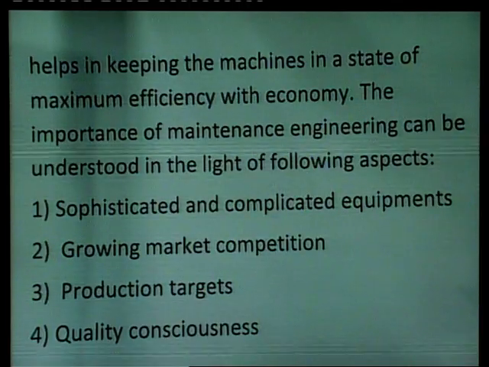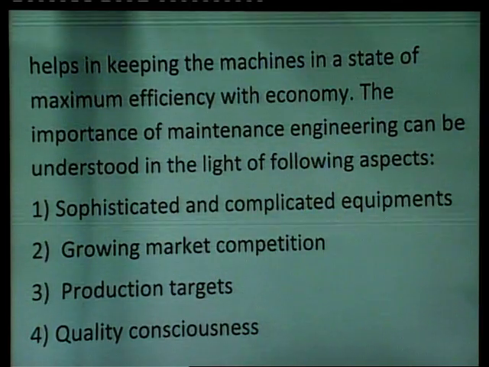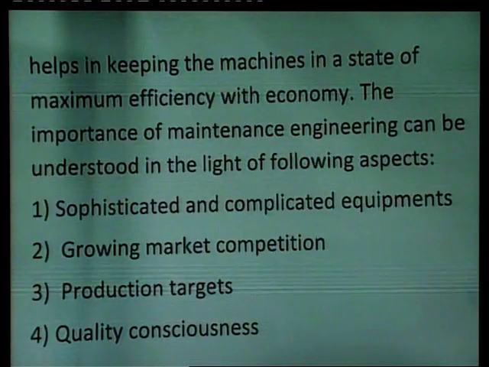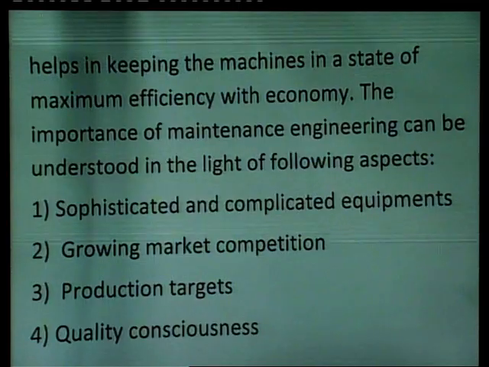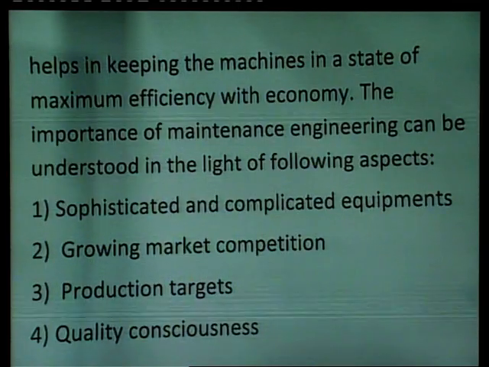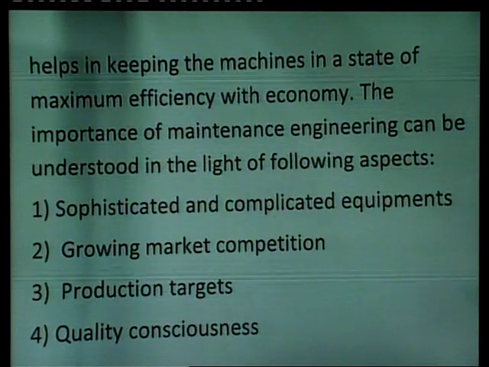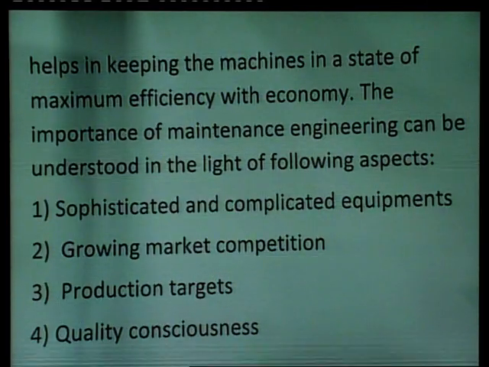If it is not well planned, then inadequate emergency maintenance may lead to heavy production losses. So, to achieve these targets of production, all the plant facilities should be properly maintained.